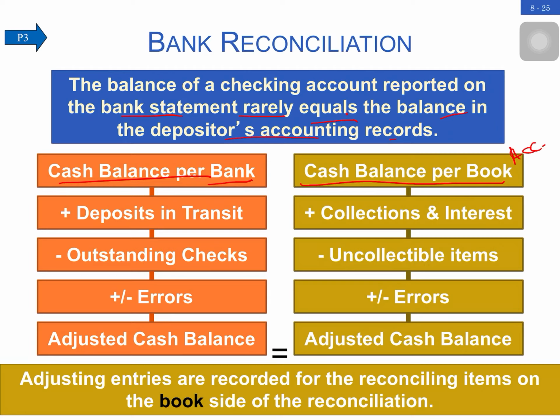So for the book balance, you add collections, subtract uncollectible items, and add or subtract errors. Then you get the adjusted cash balance. For the cash balance per bank, you add deposits in transit, subtract outstanding checks, and add or subtract errors, and then you get the adjusted cash balance. So these amounts will be the same later after you reconcile.